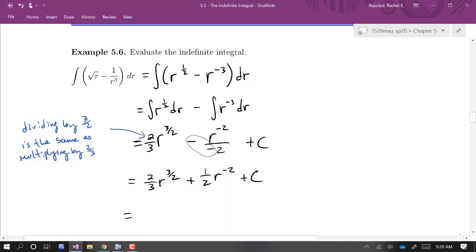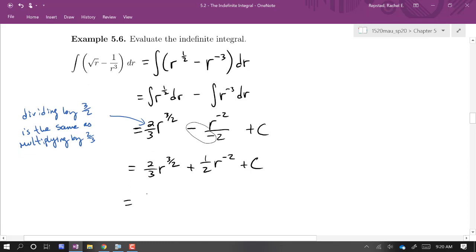Or, if we want to avoid negative exponents, and let's say I want to use radicals instead of fractional exponents, because that's how they wrote the original function, we could write this as 2/3 times the square root of r cubed plus 1 over 2r squared plus a constant.